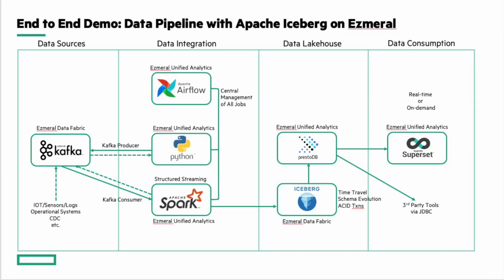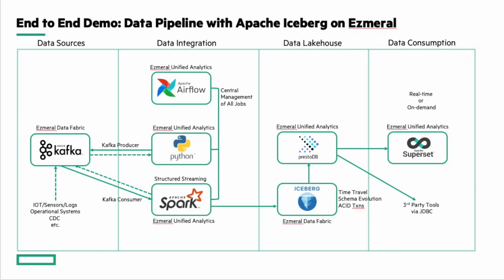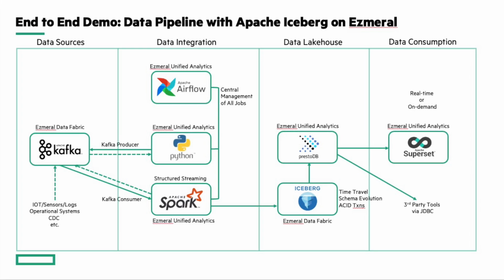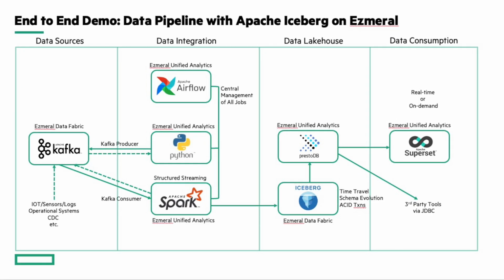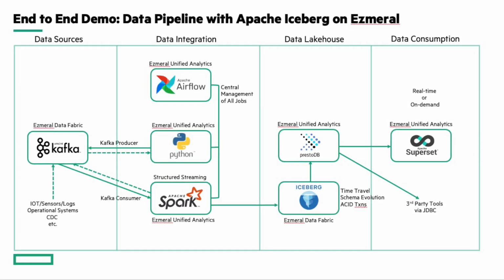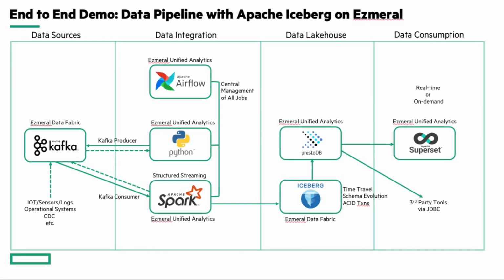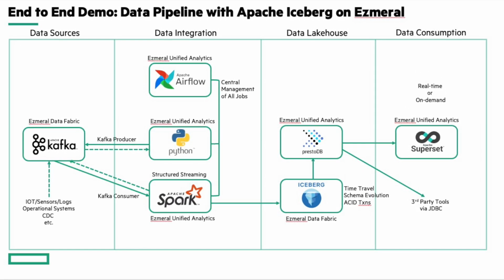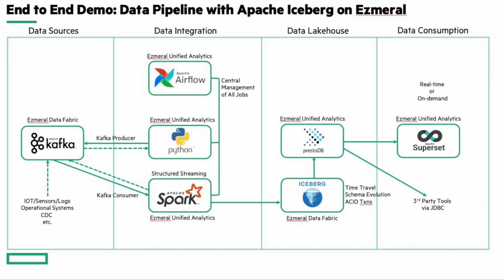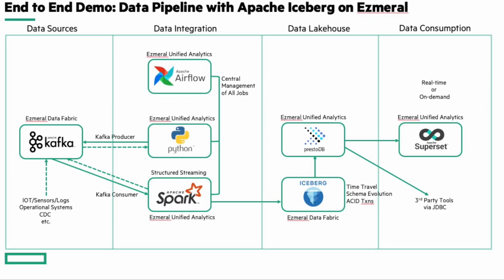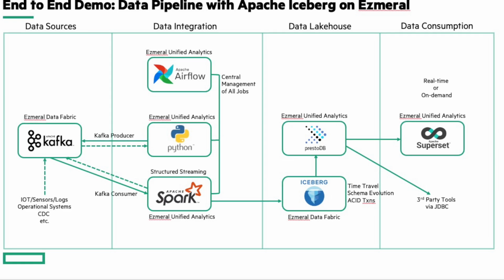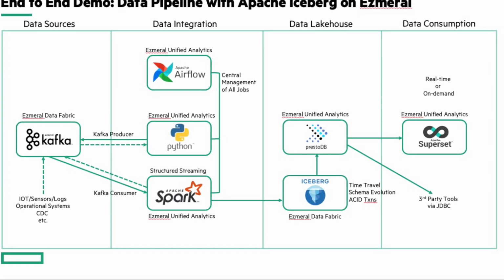Welcome to this series of videos in which we will look at an end-to-end data pipeline that lands data in Apache Iceberg. Then we will query that data from Presto, use it from Superset dashboards, and show how we can query it from external tools. The data pipelines will be written in Spark streaming as well as Python.